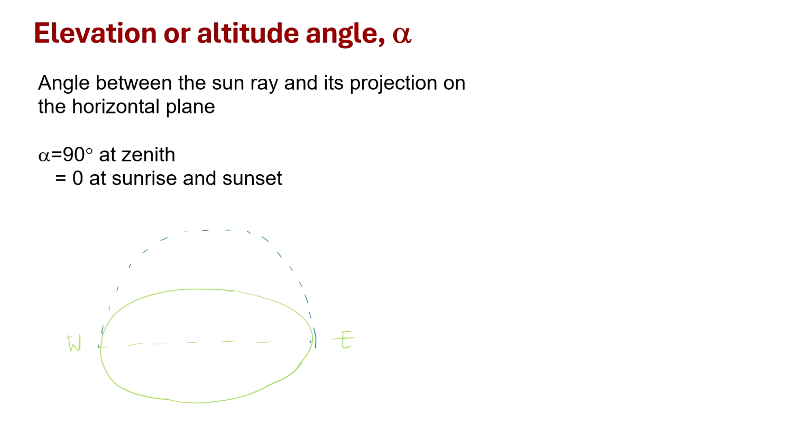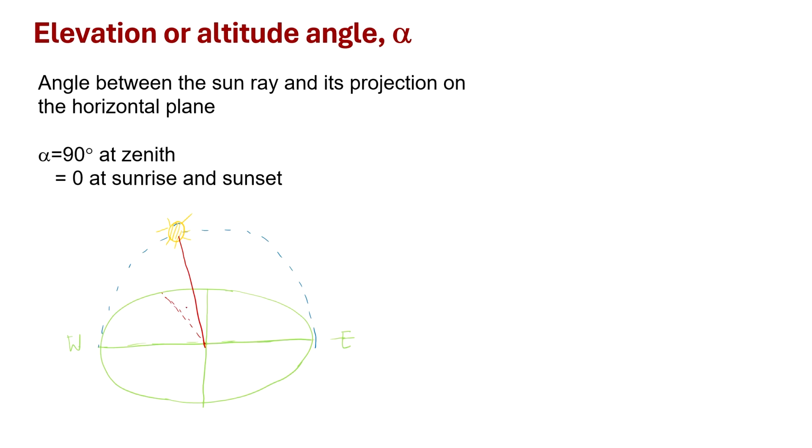This is the path, and if this is the sun on top, and if the sun ray is coming at this point, this is the projection on the horizontal plane.